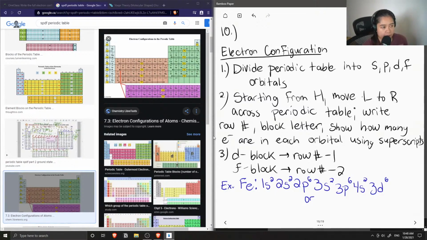When writing the shorthand configuration, we write the noble gas that comes before iron in square brackets. So in this case, it's argon. And then we just continue on writing the remaining electron configuration as normal, 4s2, 3d6.